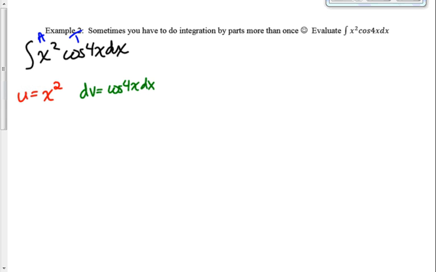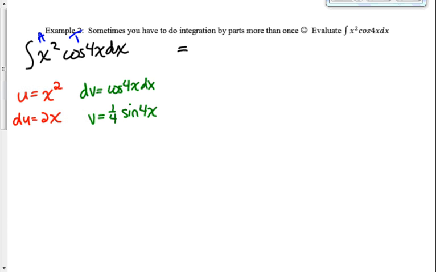So I'm going to find my du, and my du is 2x. And my v is the antiderivative of cosine of 4x, which is sine of 4x. And again, the derivative of the inside is 4, so my antiderivative needs a 1/4. And again, I'm going to wait on my plus c until the very end of my integration. So this integral of x squared cosine 4x dx is equal to u times v.